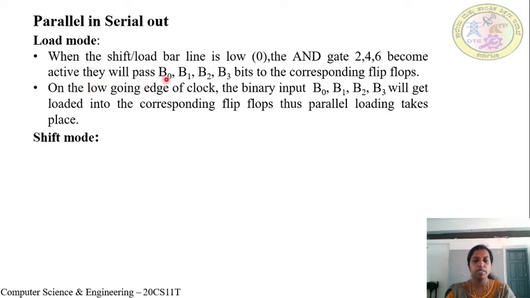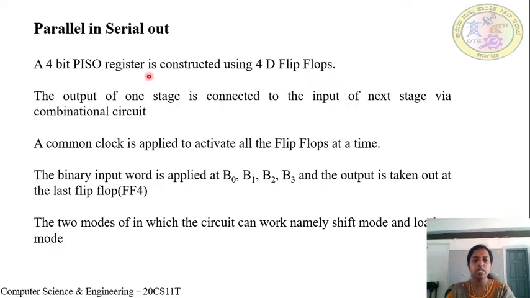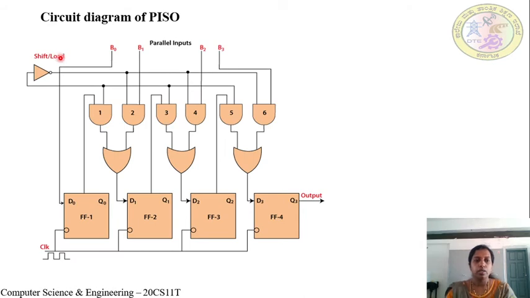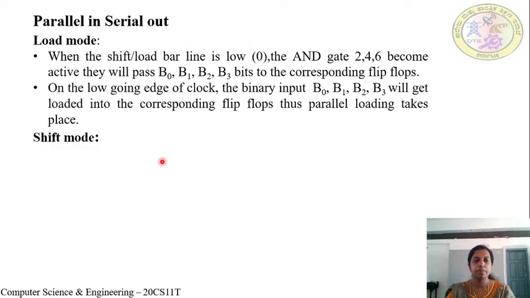They will pass B0, B1, B2, B3 bits to the corresponding flip-flops. On the low going edge of the clock, the binary input B0, B1, B2, B3 will get loaded into the corresponding flip-flops. Thus, parallel loading takes place.